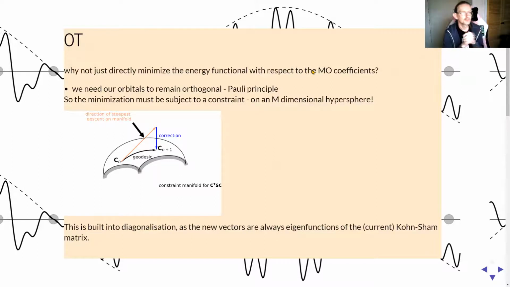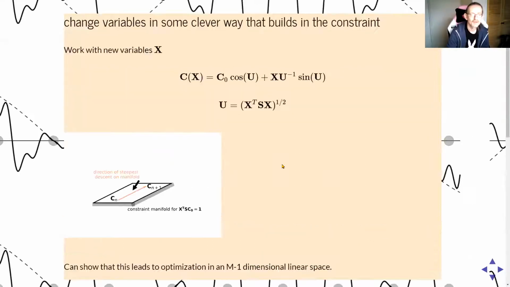The trouble is, we need to keep the Pauli principle satisfied. We need to keep the different eigenvectors orthogonal to each other, and that gets built in when we diagonalize and get a set of orthogonal eigenvectors for the system. So the full problem is a minimization with this constraint built in.